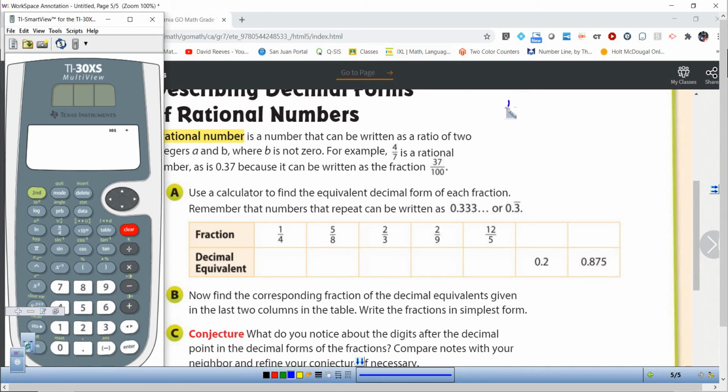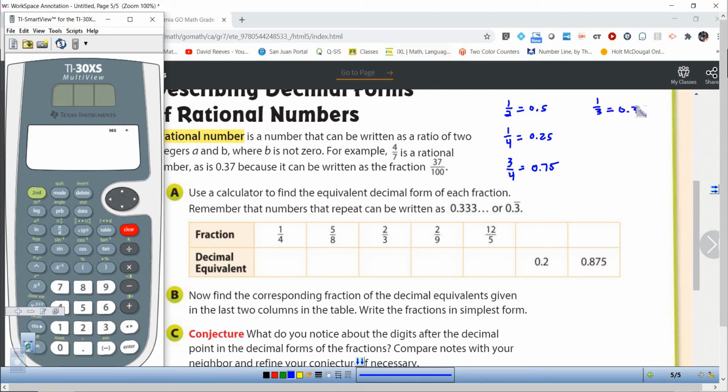All right, so for example, you really should know that 1/2 is equal to 0.5, right? That's just one you should have memorized. You should know that 1/4 is equal to 0.25. All right, you should know that 3/4 is equal to 0.75. 1/3 is another common one that comes up a lot.